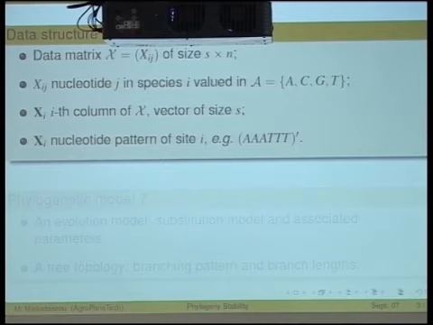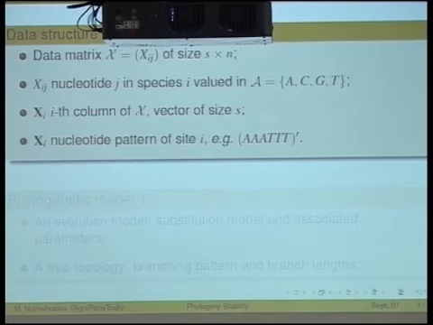It's a matrix of size S, the number of species, times n, the number of sites in your sequences, and the coordinate x_{s,i} is just the nucleotide in species s at site i, which, since it's a nucleotide, takes values in A, C, G, T. The basic statistical unit I'm interested in is a column of that matrix, which is the nucleotide pattern at site i. It's a vector of size S, the number of species. For example, if I have 6 species, the nucleotide pattern can be AAAAAA, TTTTTT, or I could have ATATAT, and I think you get the idea.